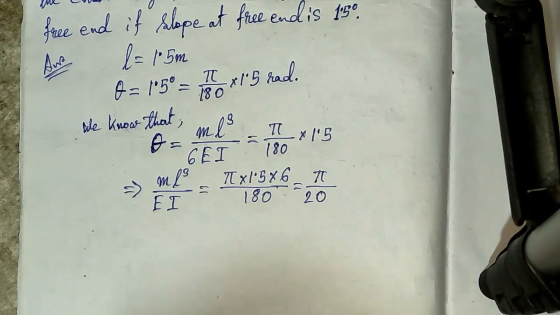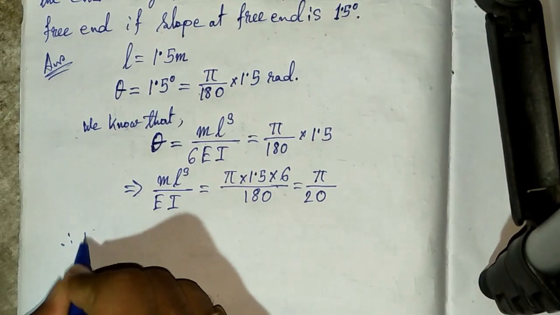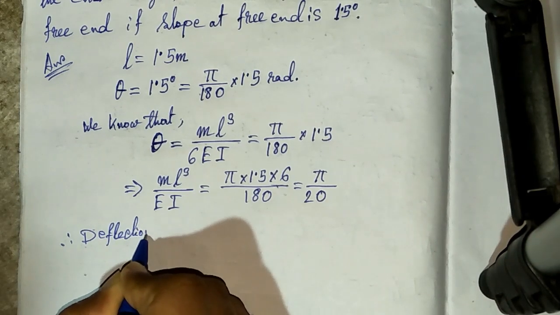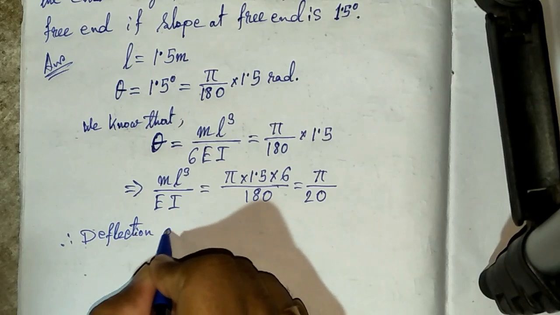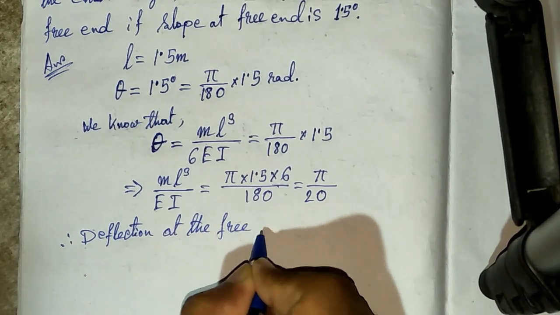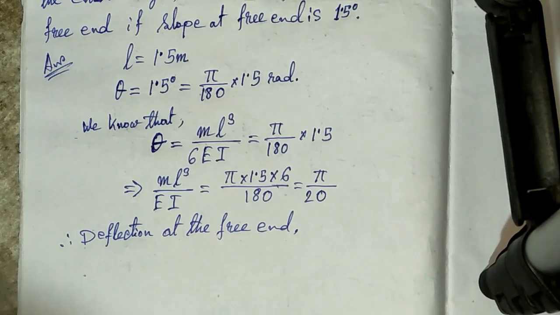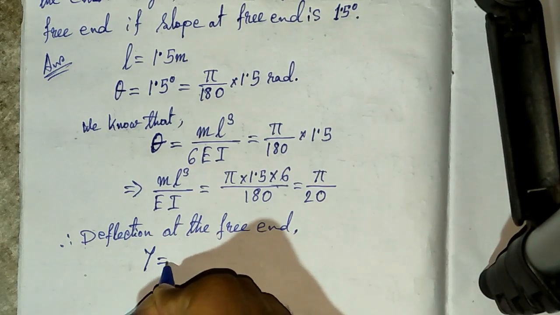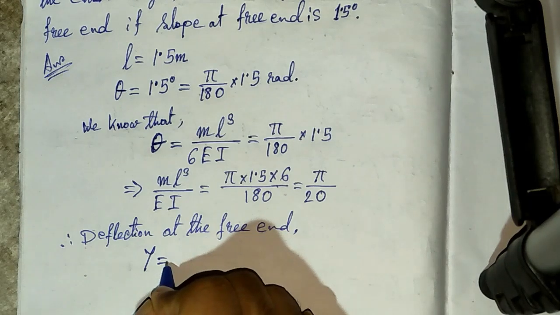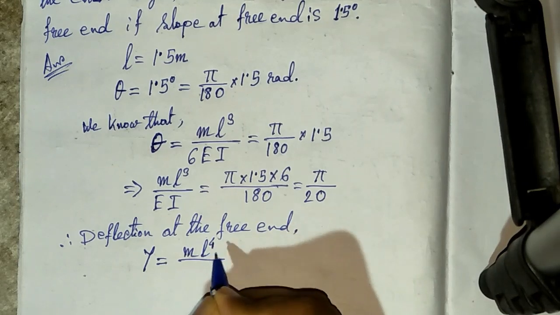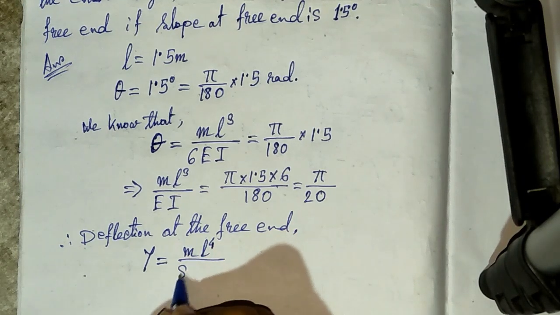Now the deflection at the free end. The expression of deflection is m L to the power 4 by 8 EI.